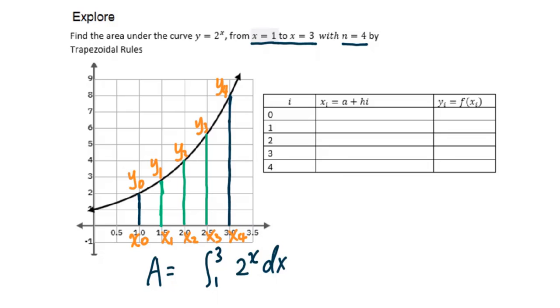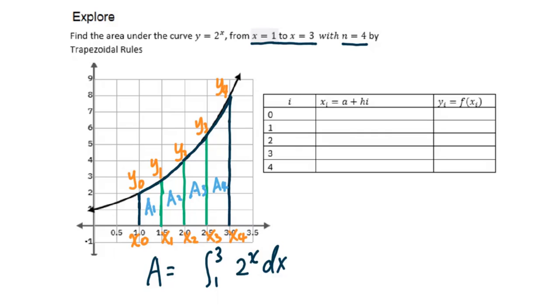For each trapezoid, we can connect like this. We will label A1, A2, A3, and A4 for the area of each trapezoid.